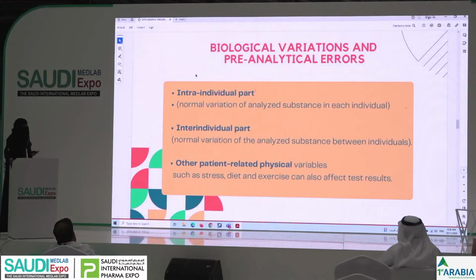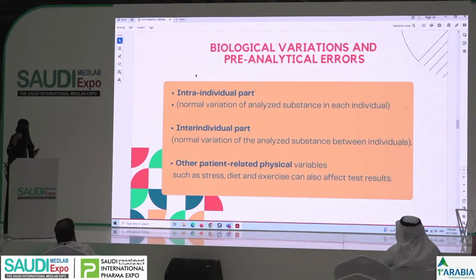Also, there was a study published in about 2013. They looked at biological variations as well as pre-analytical errors, not only about the sample, but sometimes about other variations which are called biological variations. There is an intra-individual variation when the normal variation of a substance is analyzed in each individual.